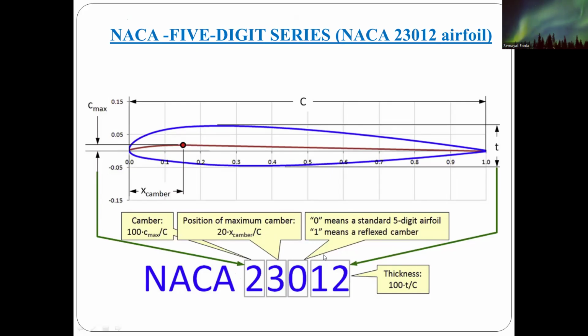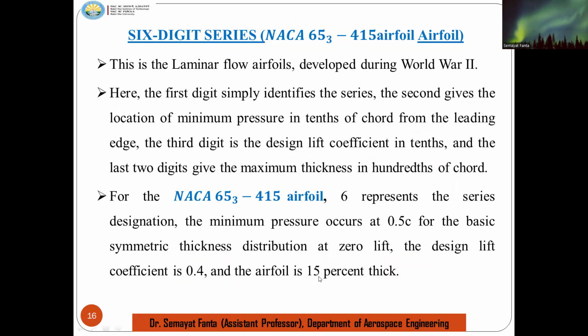Okay, 0 means standard 5-digit aerofoil. Sometimes this digit is represented as either 0 or 1. 1 means reflexed camber, and 0 means standard 5-digit aerofoil. So the last 2 digits represent thickness, that is thickness by 100.